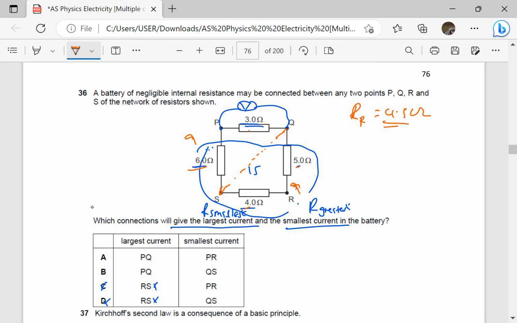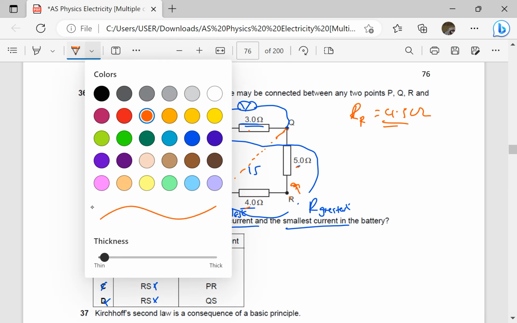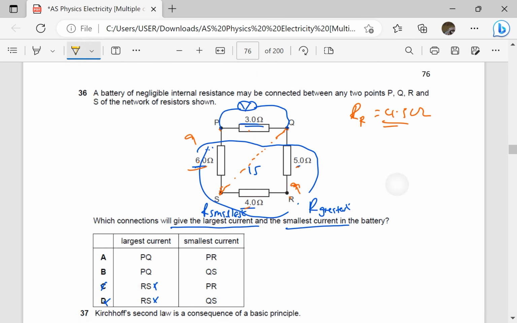Somebody will say, why can't we connect across P and R? Let's see if you had chosen PR. If you had put your connections between P and R here, it means 3 and 5 are in series, so that gives us 8. 6 and 4 in series gives us 10. Now this 8 ohms and the 10 ohms are in parallel.